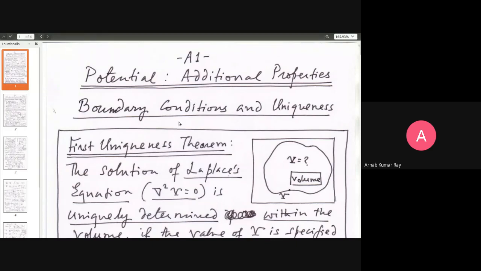Certain additional properties we shall take up now, in terms of boundary conditions. We have seen how to apply boundary conditions while solving for problems involving Laplace equation or Poisson equation. Let us see now.